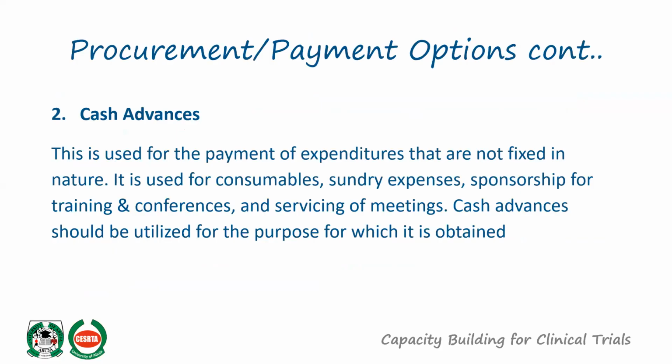This is for the payment of expenditure that is not fixed in nature. For example, in a clinical trial, there are so many supplies that will be needed. So in that situation, you can get a cash advance and make sure you use it for the consumables, the sundry expenses and all that.